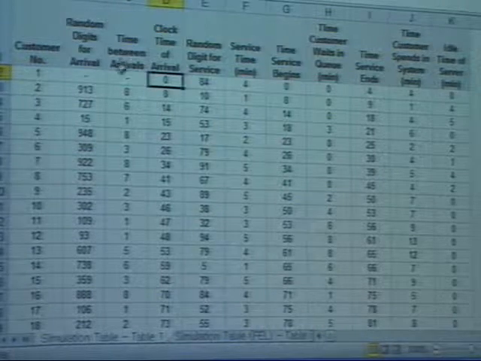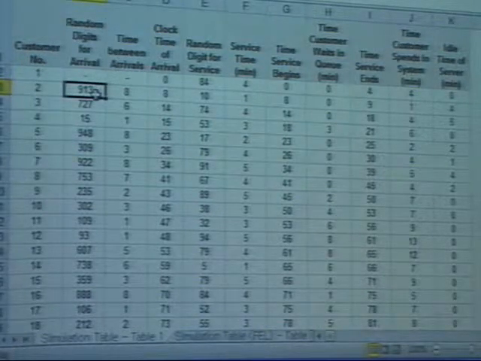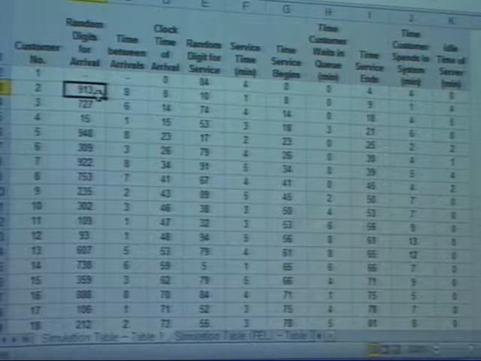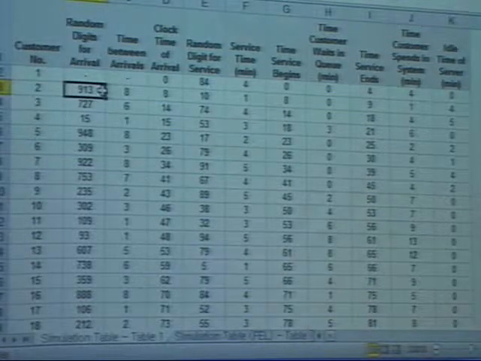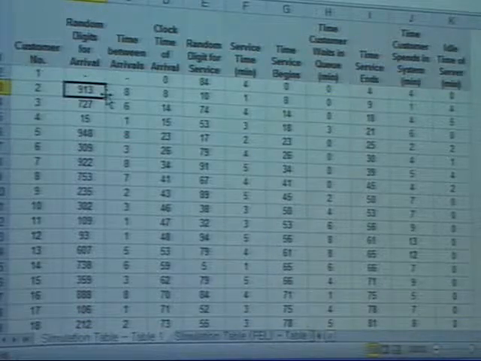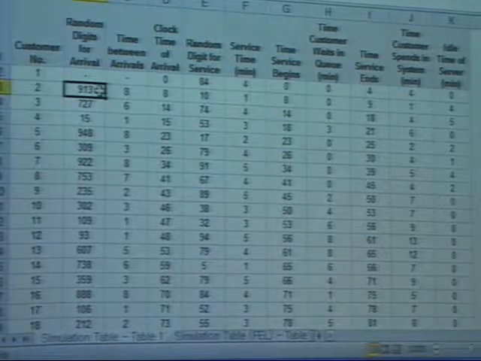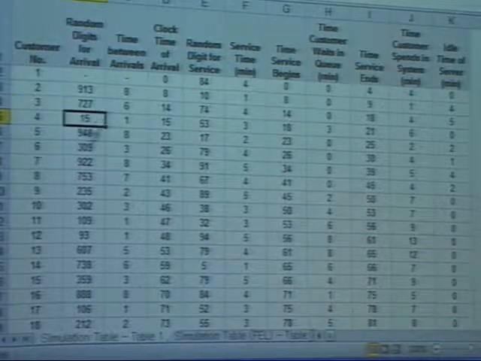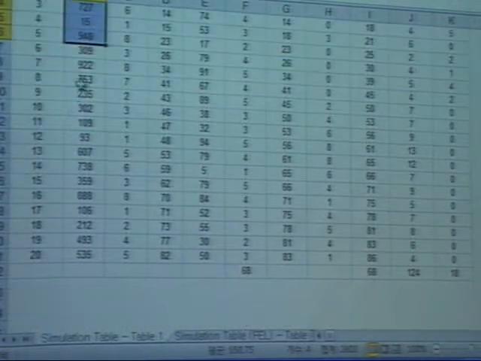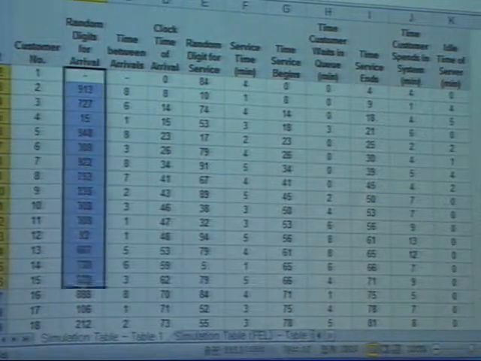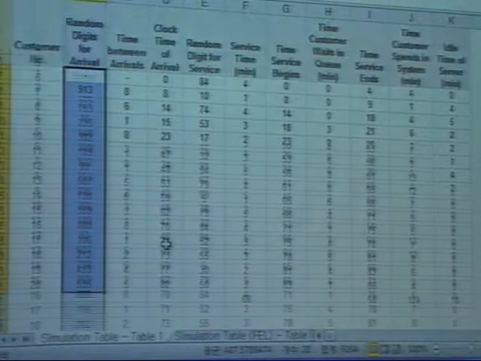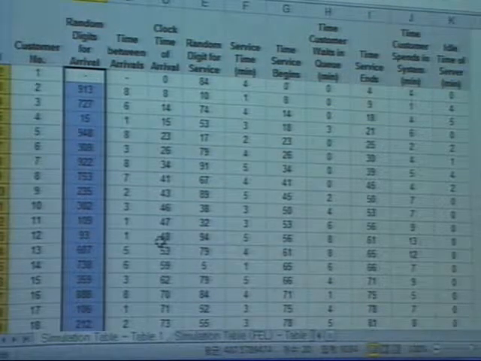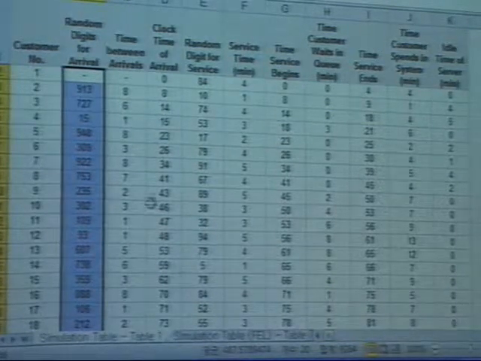And we keep running the random number generation, and by some chance the second random number generated was 913, and the third was 727, and the like. These are the random numbers generated.